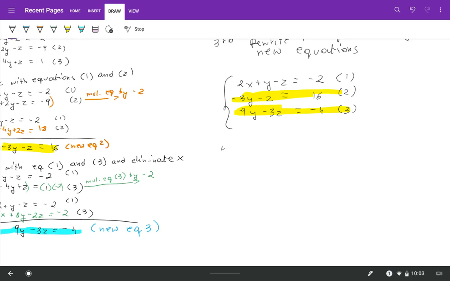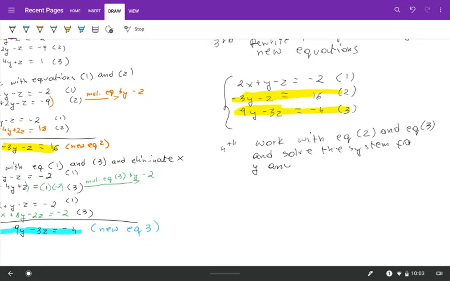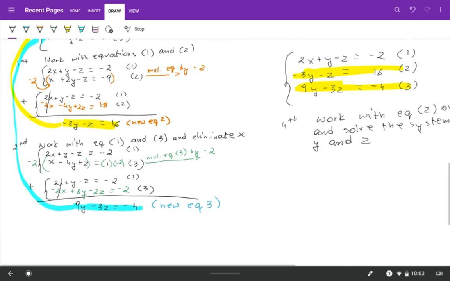So the fourth step, work with equations 2 and 3 and solve the system for y and z. Okay, so I'll just separate that.